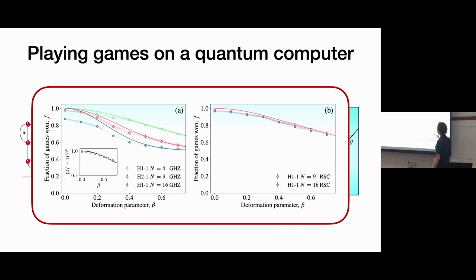On the right here, we have the surface code version of the game, where we've only played for 2 sizes because the size 4 surface code game is not really different. So you really need to go to size 9 to actually see some effect. And we couldn't go beyond 16 because of the device we were using. Here you see that the data points almost fall on top of each other within error bars for the 2 different system sizes.